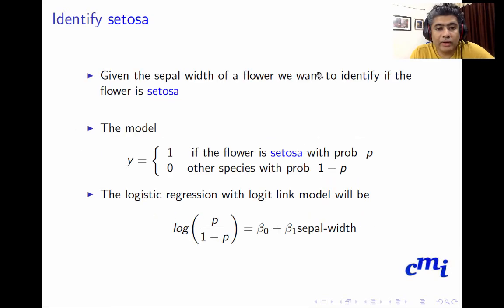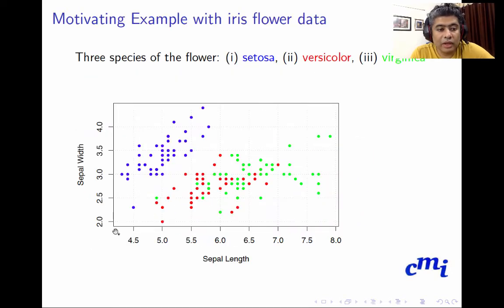Now if you go back to the flower plot, you see that between 2 and 3 there is almost only one flower which is setosa, but as soon as it crosses 3, it is highly likely that it is setosa, with very few after 3.5 being virginica.